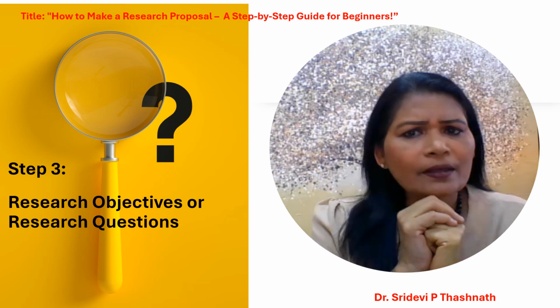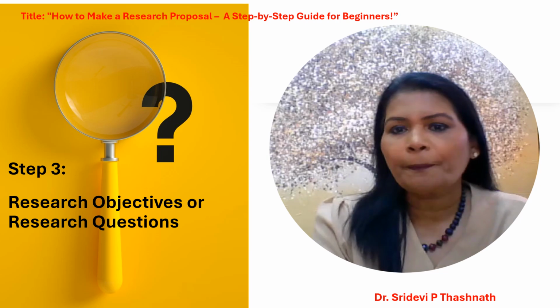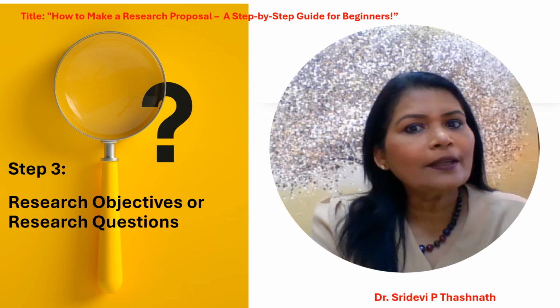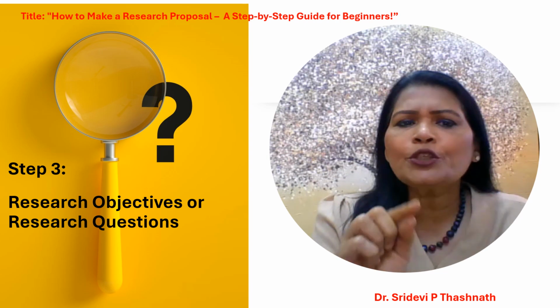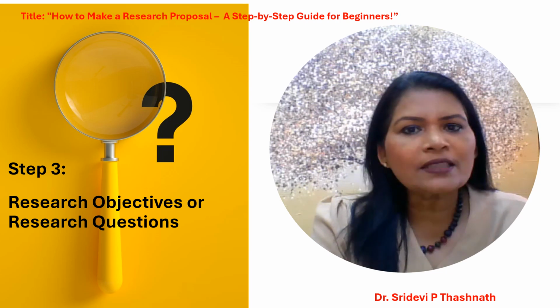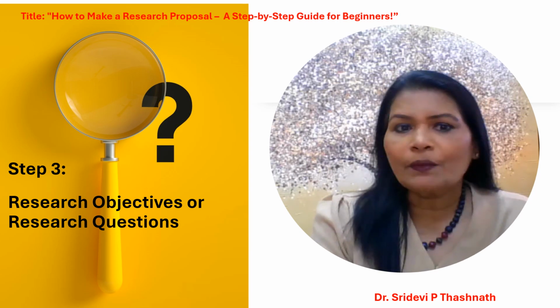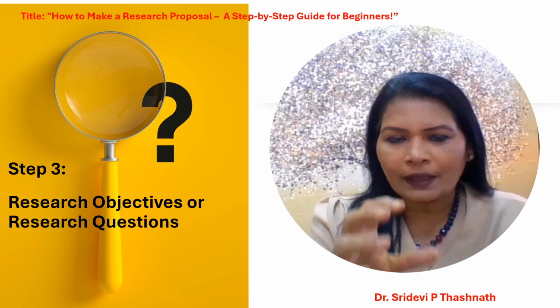Step number three is the research questions, that is, research objectives. This is where you clearly outline what you aim to achieve with your research. Are you answering a specific question or trying to find out more about a topic? Now an example will give you clarification on this.